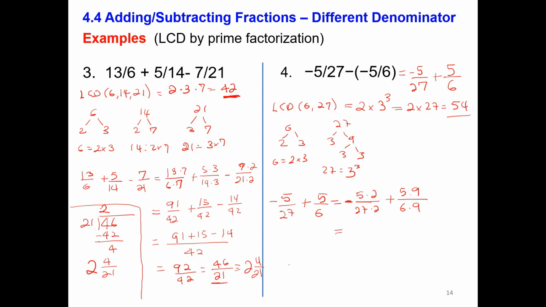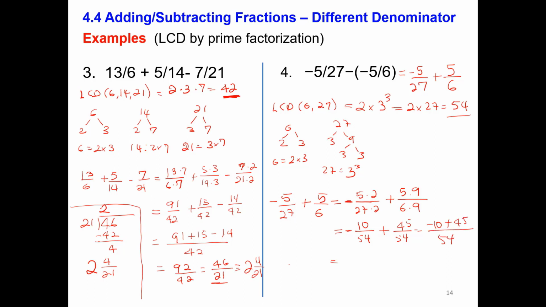That's why here this one: 5 times 2 is 10, 27 times 2 is 54, and this number is negative. Plus 5 times 9 is 45, 6 times 9 is 54. Then we can write this one like minus 10 plus 45 over 54.